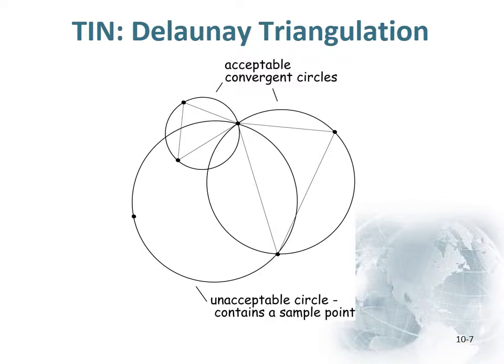If it contains 4 point locations, as the one on the lower left is doing, then it's an unacceptable circle. It's got 1 point too many. Something has to happen. So we're going to modify the formation of the triangles described by those 3 point locations on the perimeter of the circle in order to get that errant point into a circle set with 2 other points.